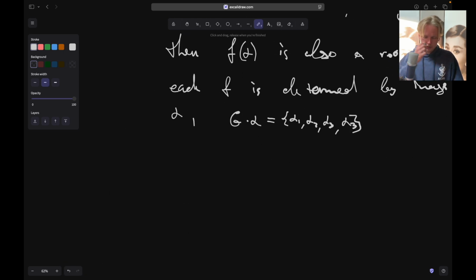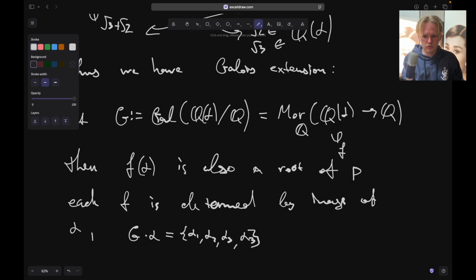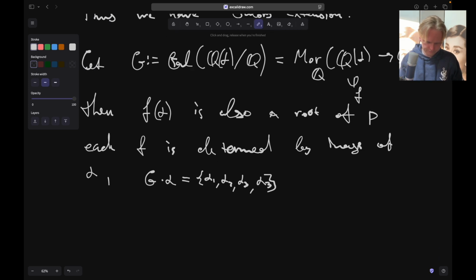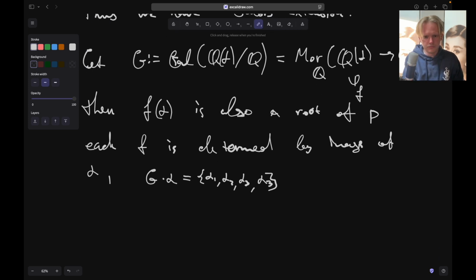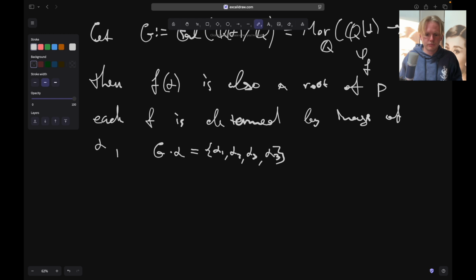And by the property of polynomials, because we derive our extension from polynomials, the f is determined by the image of alpha. Great.